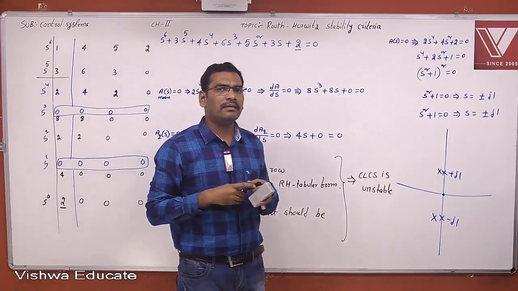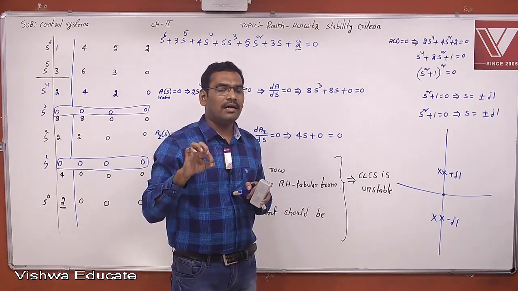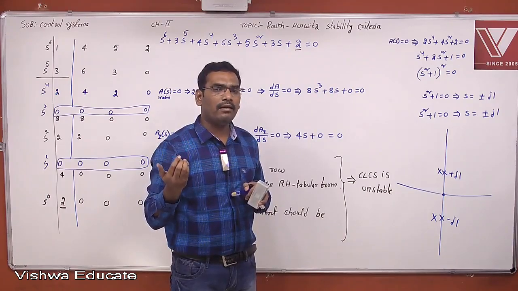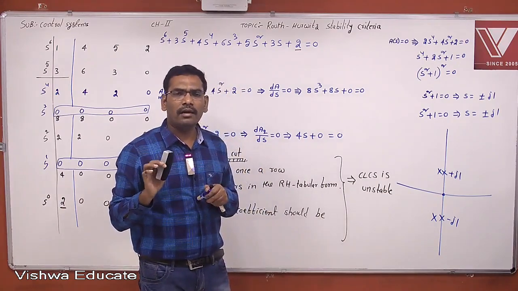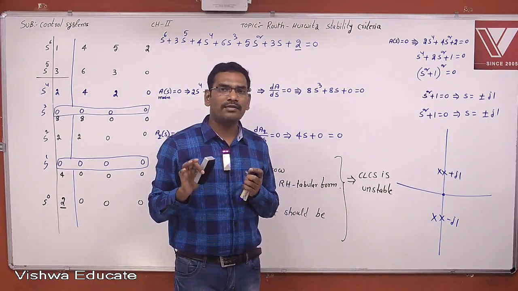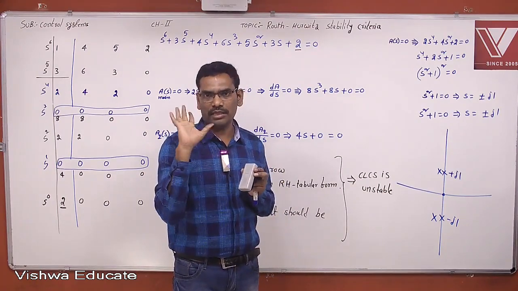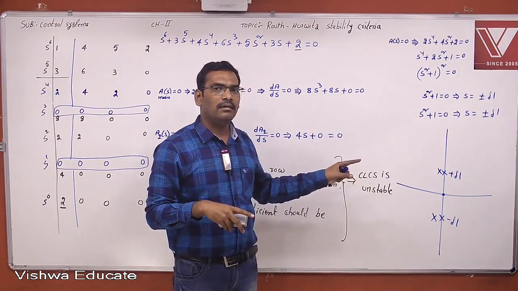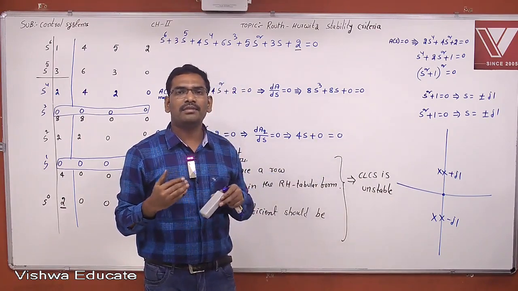That's why I'm saying how many times the row of zeros occurs will give the number of poles which lie on the imaginary axis. If there is no repetition of the symmetrical poles on the imaginary axis, then one row of zeros occurs. For repeated poles on the imaginary axis, it is the number of times the row of zeros occurs.